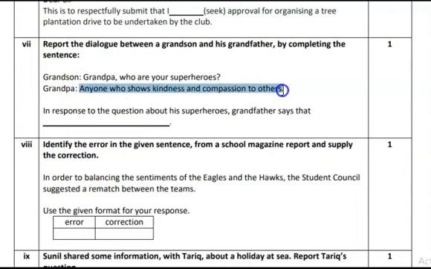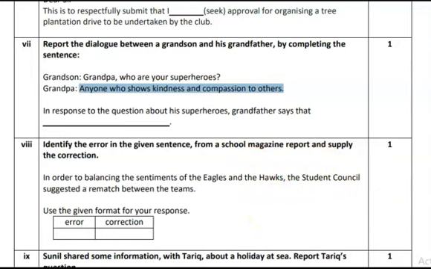So read the description and question very, very carefully. Therefore, the correct answer will be, in response to the question about his superheroes, grandfather says that anyone who shows kindness and compassion to others is his superhero. Just copy the sentence. That will be the correct answer.